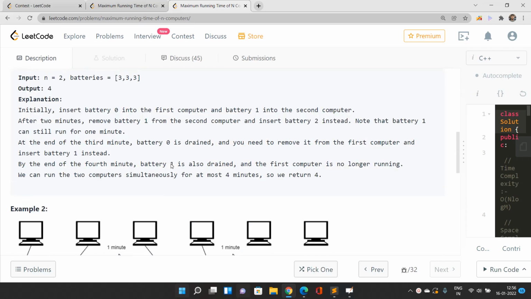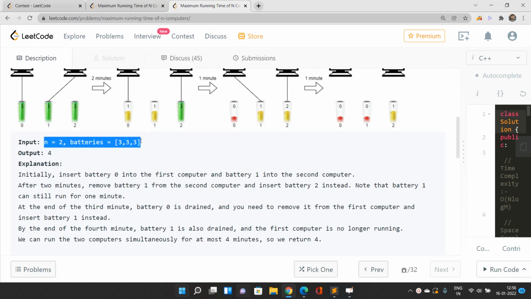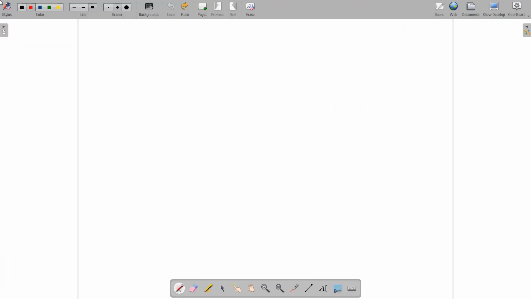Let's understand this problem with this example, and then we will take some more examples and figure out the solution. Here n is 2, which means there are two computers, and we have some batteries: 3 3 3.